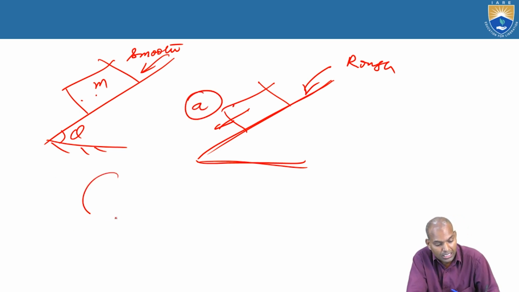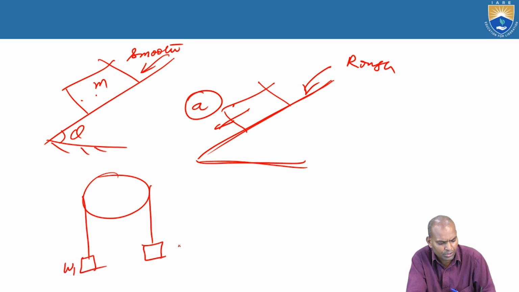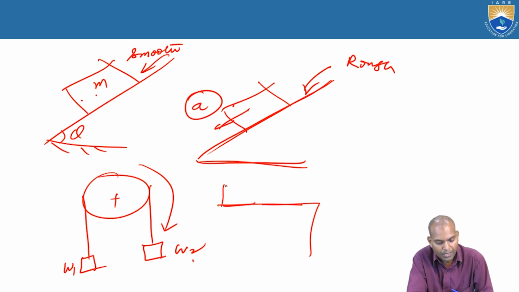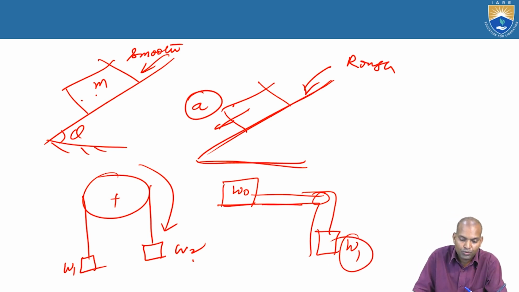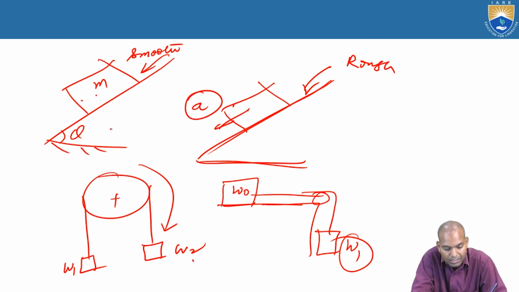The third case is if two bodies W1 and W2 are hanging, what is the acceleration of these masses? And if one mass is on a stable surface and another mass is hanging, what is the acceleration of this mass? With the help of the concepts of kinetics of rigid body, we will calculate the accelerations.